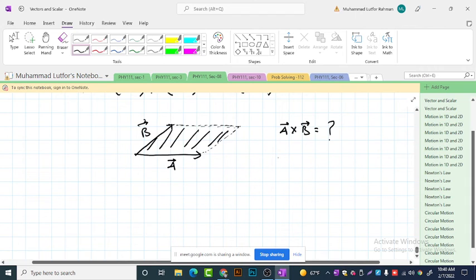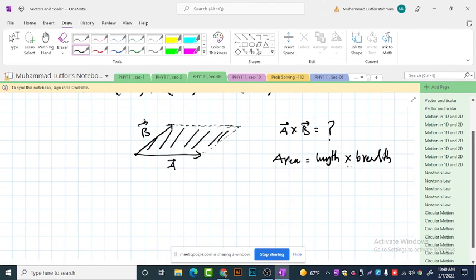That's why when you learn the formula for area in your school life, you always write it in the form length cross breadth. You never find length dot breadth. They don't use the dot product over here. They use the cross product because it's a vector. Remember, area is a vector. And this A cross B, for this region, will give you the area of the shaded region.